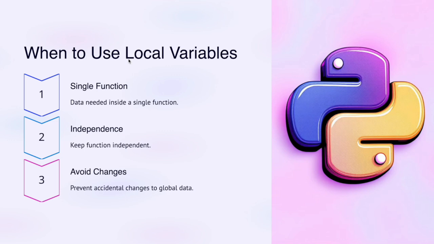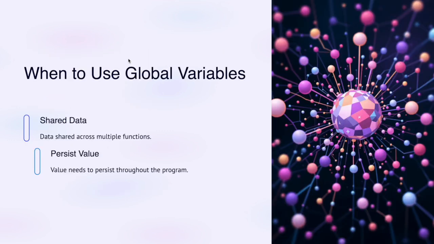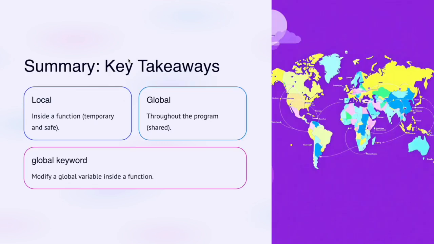For these things, you will use local variables. And when to use global data? When you want to share the data across multiple functions, a persistent value which you want to keep running throughout the entire program. So these are the two reasons for global variable usage.